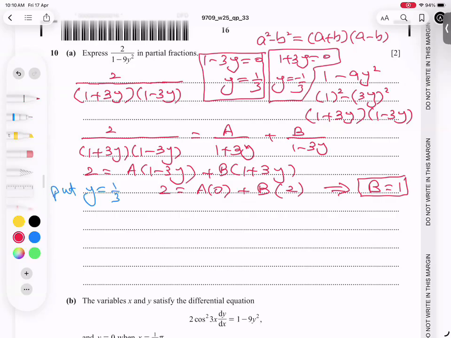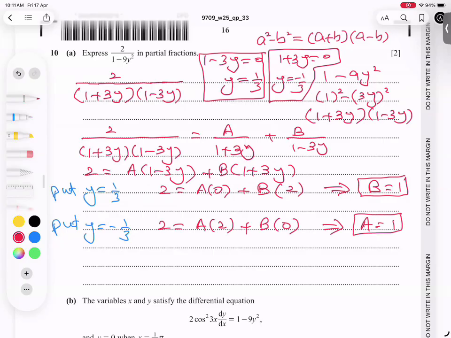When I replace, the left side 2 remains 2, no change. On the right hand side, negative into negative is positive, the 3s cancel, and I get a times 2. But as I kept this completely 0, this b times 0. And I'm getting the a answer is 1 as well.